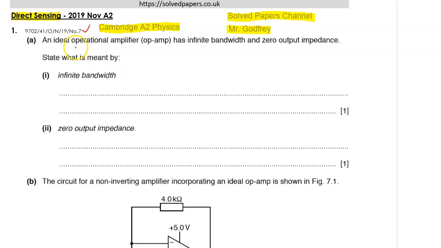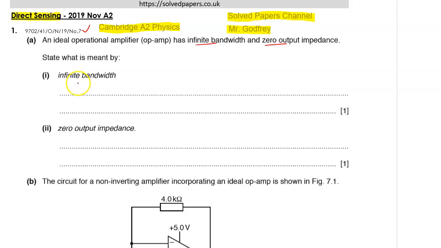An ideal operational amplifier has infinite bandwidth and zero output impedance. What is meant by infinite bandwidth? Of course, infinite bandwidth basically means that the amplification is the same for all frequencies.